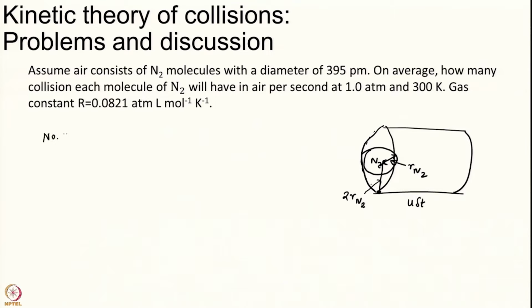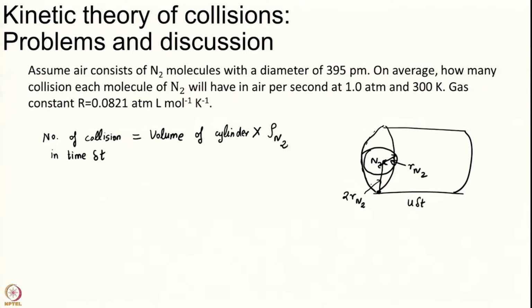So, the number of collisions in time delta t will be equal to the volume of the cylinder times the density of nitrogen.